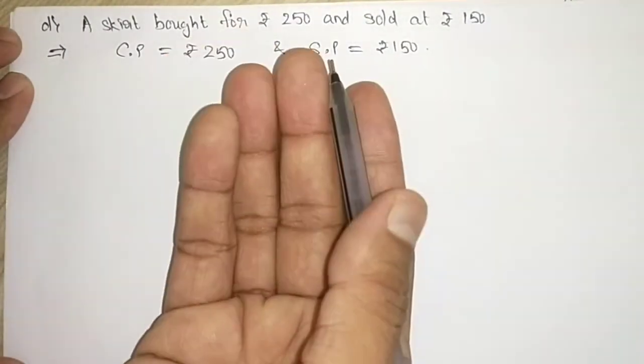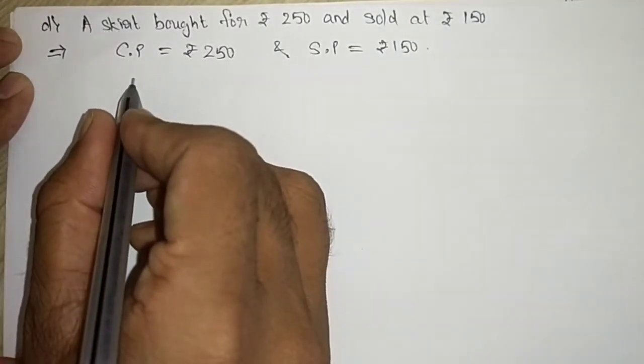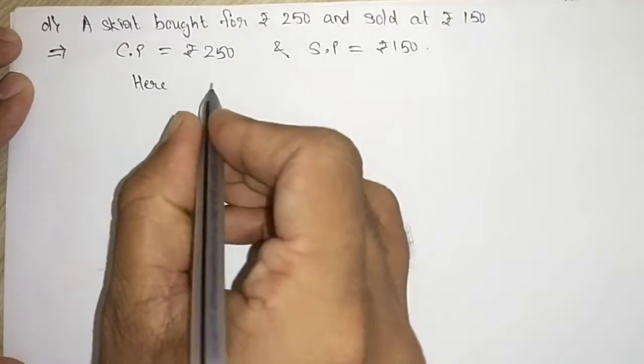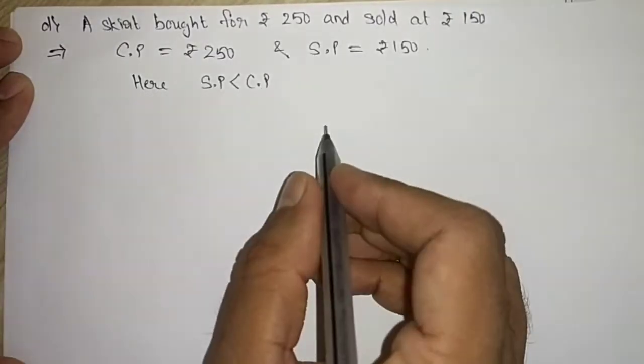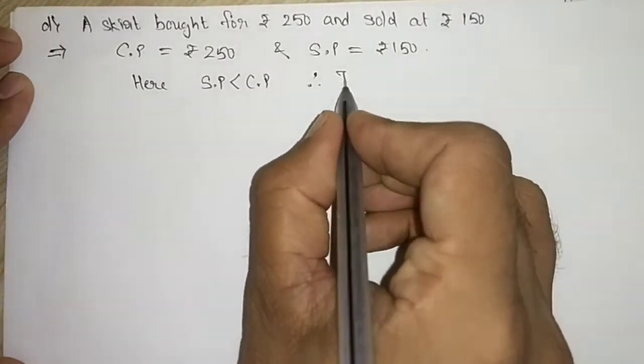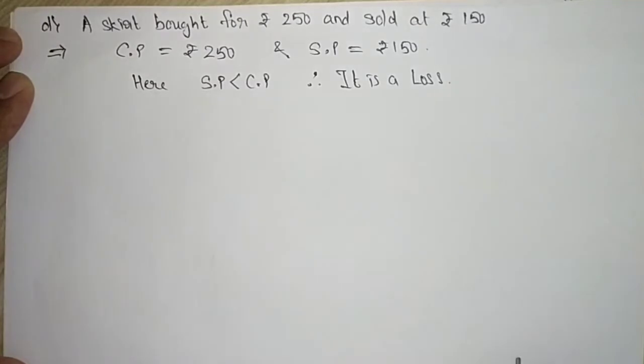Now here it is different. You can see selling price is less than cost price. So we will say here selling price is less than cost price. Therefore it is a loss.